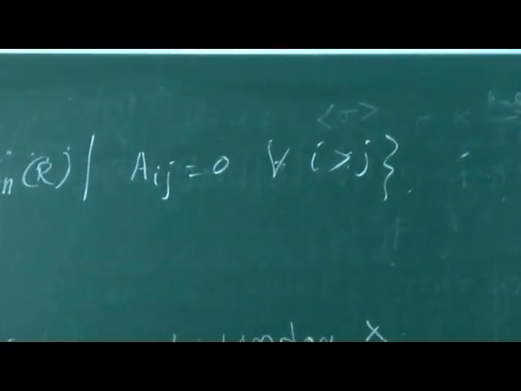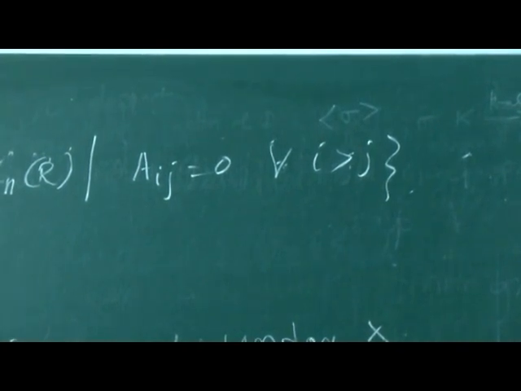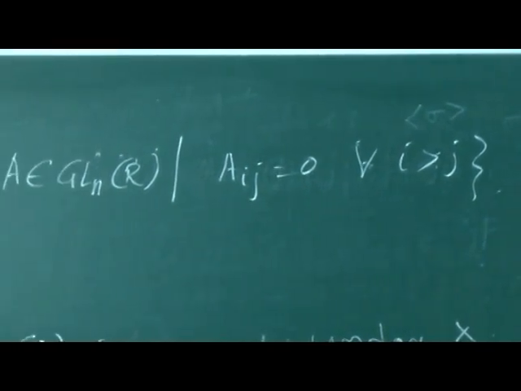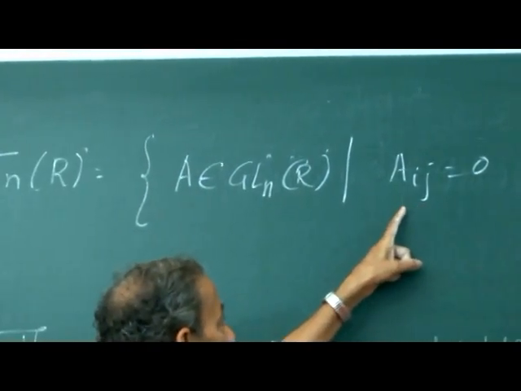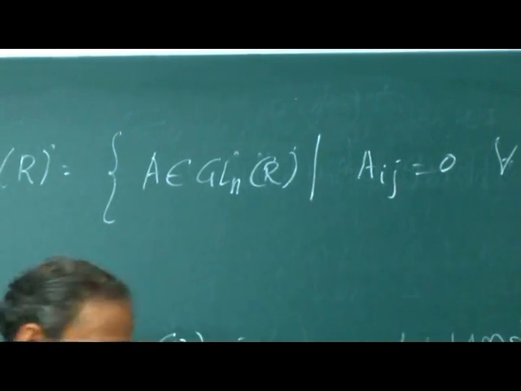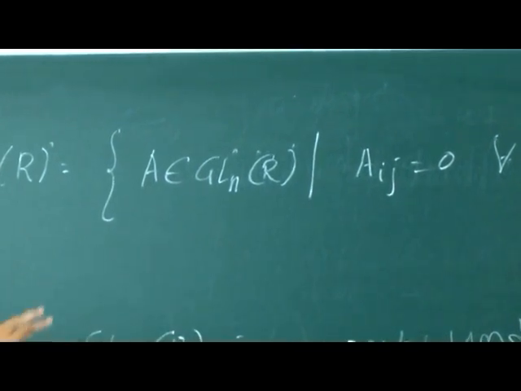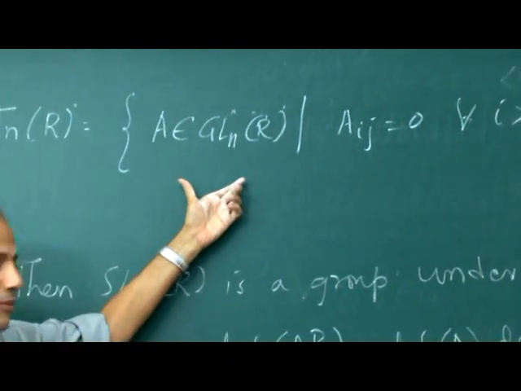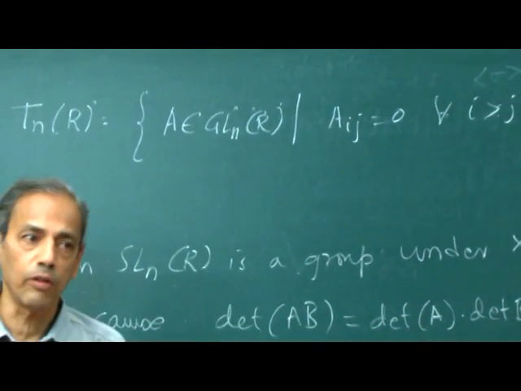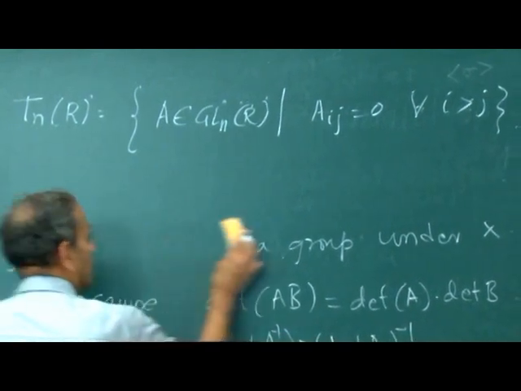That means the entries below the diagonal are 0. For example, a_21 is 0, a_32 is 0, and so on. So this is also a group, because the product of any two upper triangular matrices is upper triangular, and the inverse of an upper triangular matrix is also upper triangular.